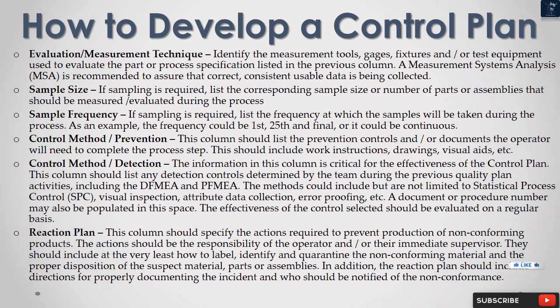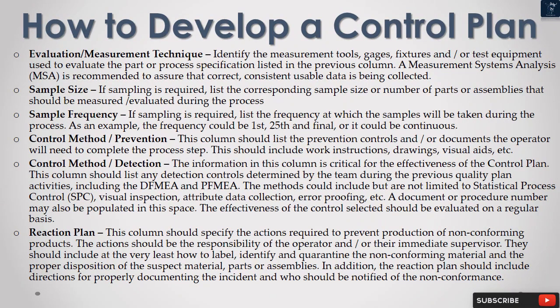Evaluation/measurement technique. Identify the measurement tools, gauges, fixtures, and/or test equipment used to evaluate the part or process specification listed in the previous column. A measurement systems analysis, MSA, is recommended to assure that correct, consistent, usable data is being collected.